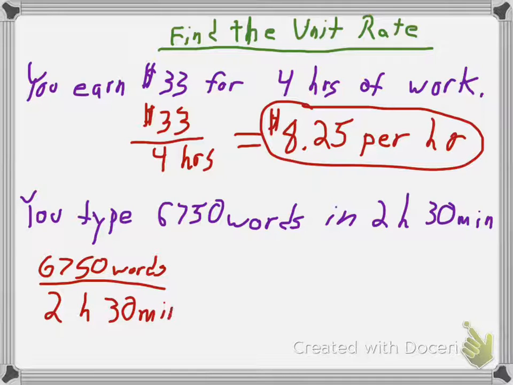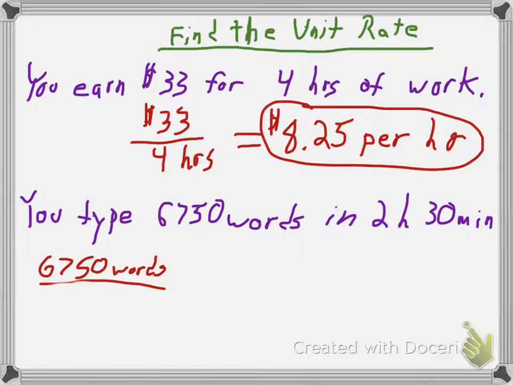Now, if we think about this, we see that we have 2 units here: hours and minutes. This right now is not a rate because I can only have 1 unit down there. I can't have 2 hours and 30 minutes as that second quantity because they're 2 different units. So that is not going to work. I need to erase that.